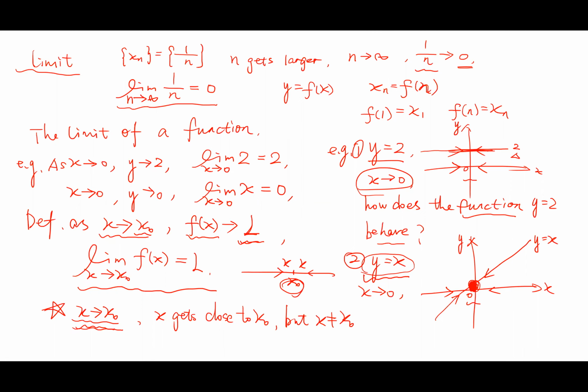So here I want to say, no matter whether the function at the point has a definition, we can have the limit. Okay, I will give you an example here. For example, maybe the function is f(x) equals x by x.